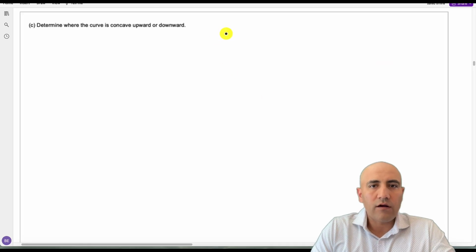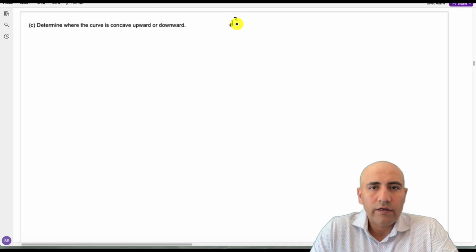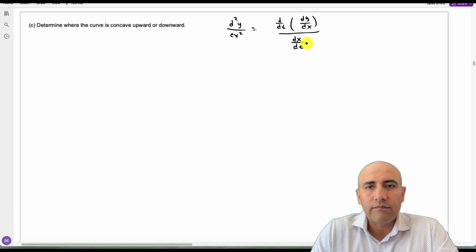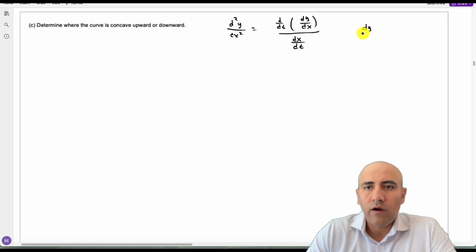So recall that our formula for the second derivative was this. The second derivative d squared y over dx squared is equal to the derivative with respect to t of the first derivative, dy/dx, divided by dx/dt. So we've got to find the derivative of the first derivative with respect to t and then divide the whole thing by dx/dt. And for us, let's write down dy/dx again.